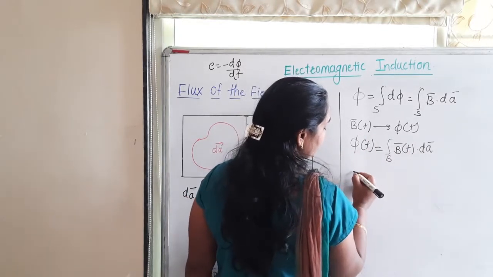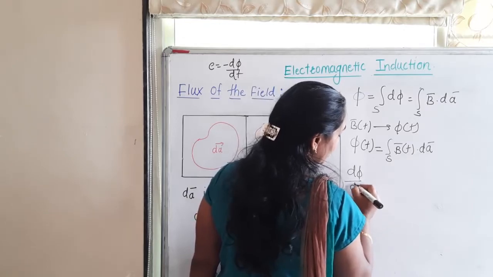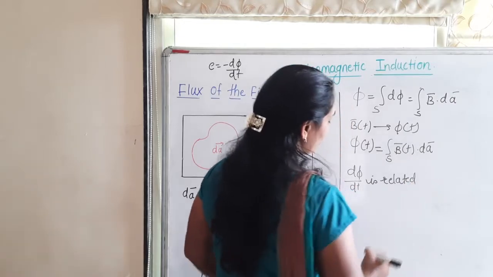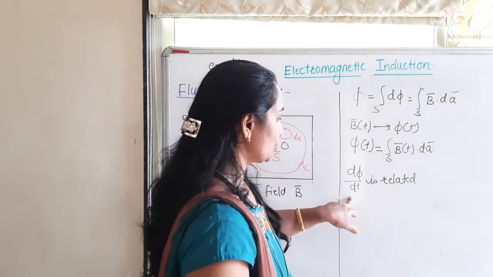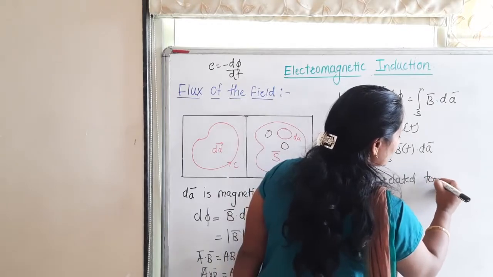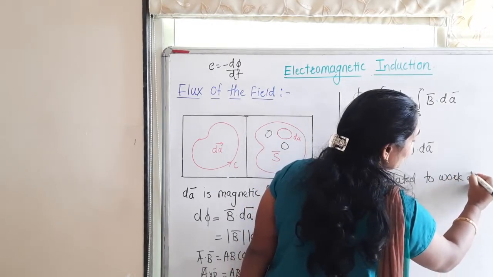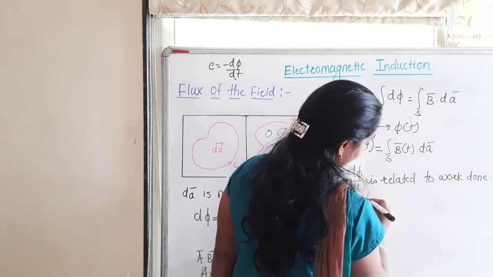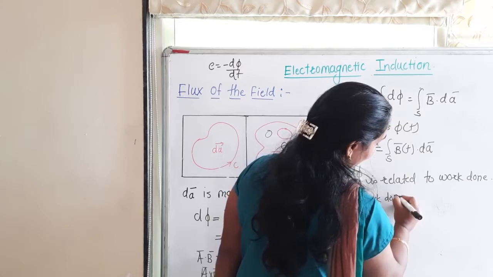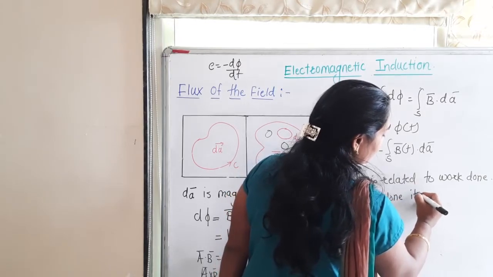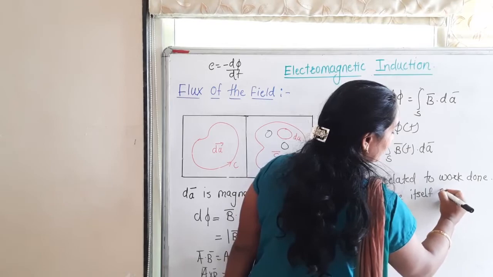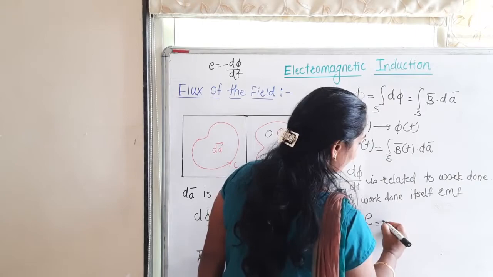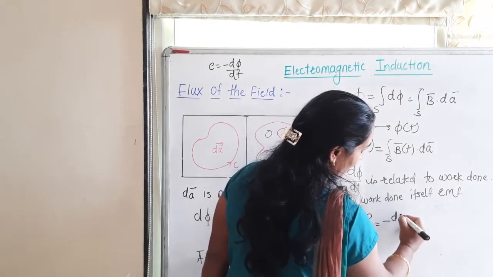The change of flux, d phi upon dt, is related to work done according to Faraday's law, and this work done is itself an EMF. So E is equal to minus d phi upon dt.